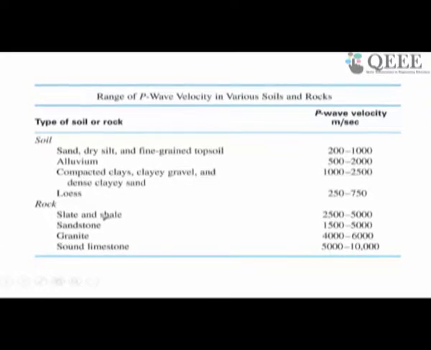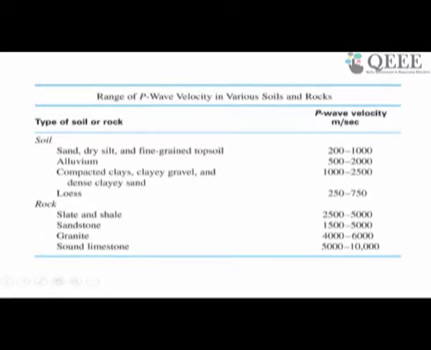The moment you go a little deeper, you may encounter rock, and then the velocity will rise drastically. That will tell you where exactly your rock layer is. As you can see here, there is a big difference in the velocities of soft soil and rock.